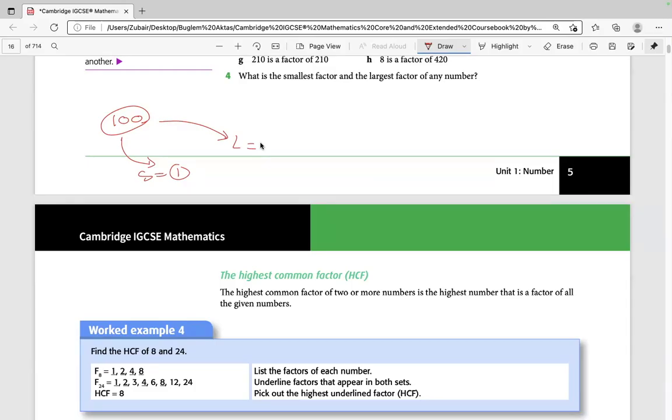And when we talk about the same number, and I say, what is the least multiple? The smallest multiple of 100 is 100. Correct. And what would be the largest multiple?